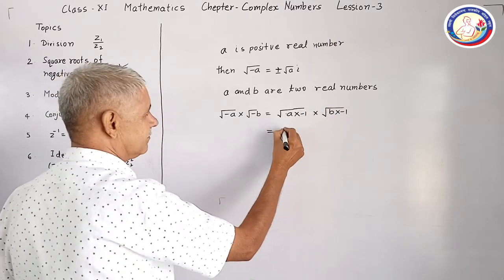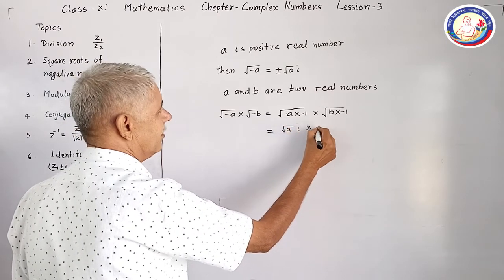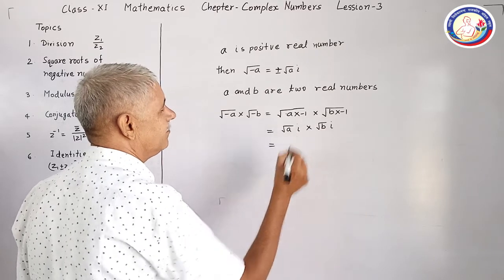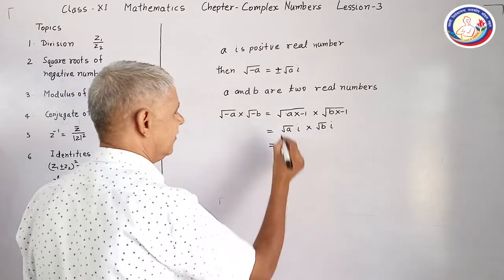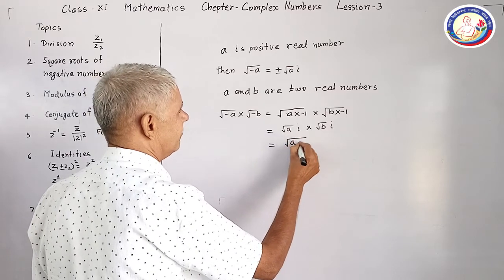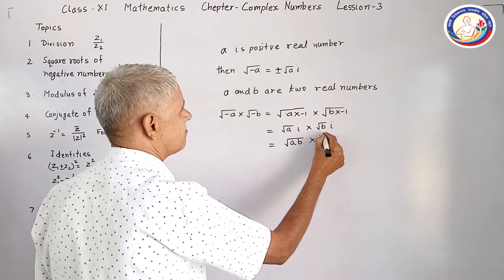We will get square root of a iota into square root of b iota. On multiplication, we will get square root of ab into iota square.